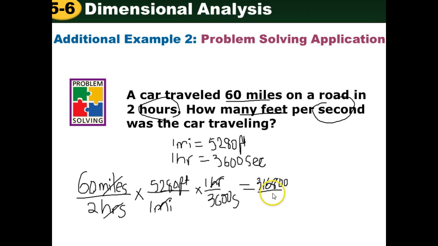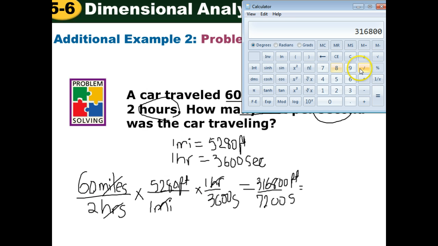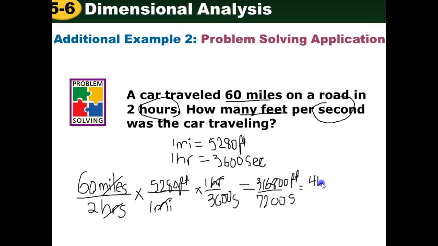And we are going to divide that by 2 times 3600, which is 7,200. Again, this is feet. This is seconds. Please remember your unit. Now we can go ahead and divide those two. And we get 44 feet per second.